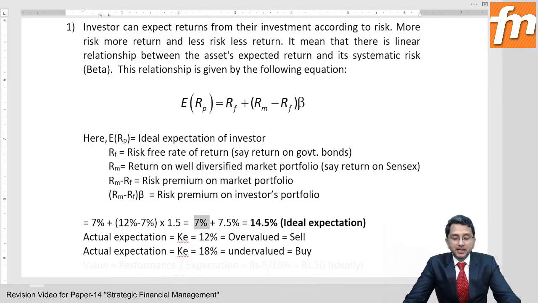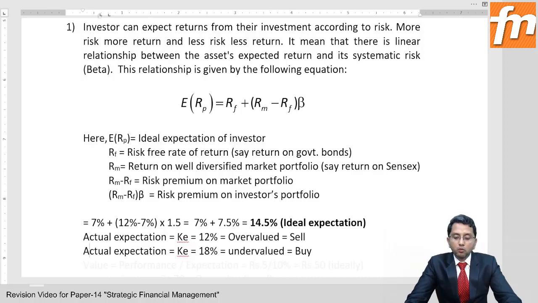So give me 7% as the risk-free rate of return, plus give me 7.5% for taking the risk of buying this share. Only systematic risk. I'm asking risk premium only for systematic risk. I'm not asking risk premium for unsystematic risk, which is the company specific risk, because I diversified my portfolio and the company specific risk or unsystematic risk is cancelled out. So ideally, my expectation should be 14.5%.